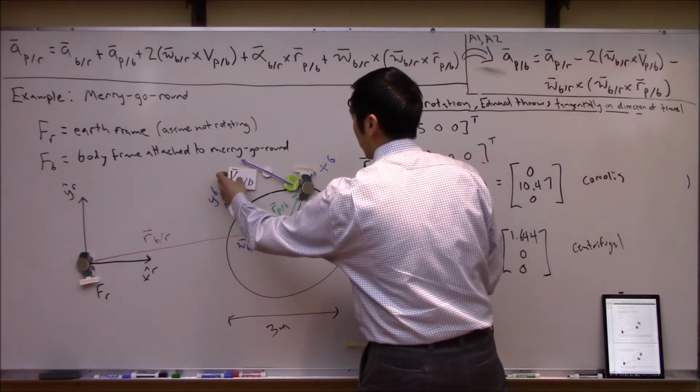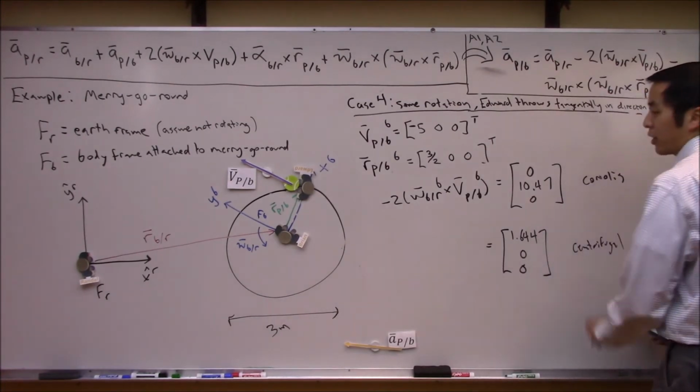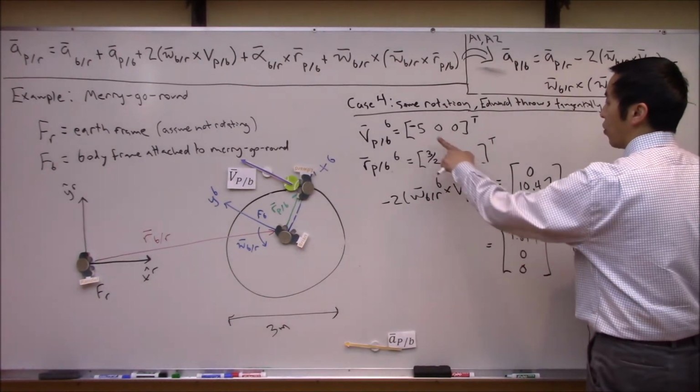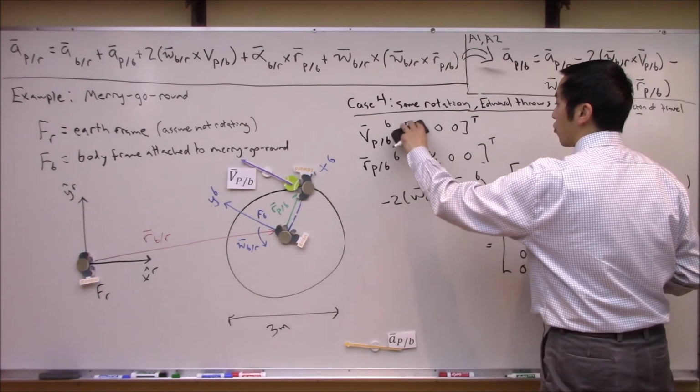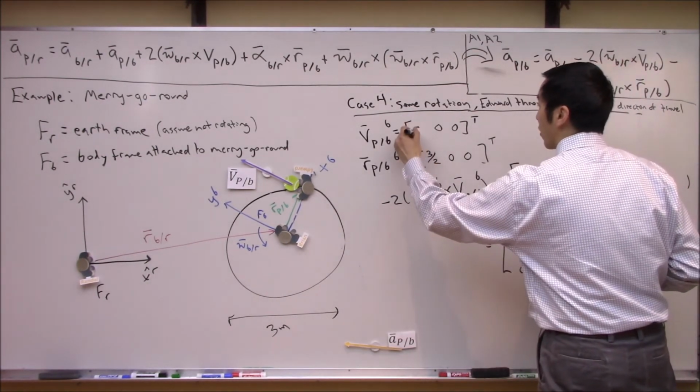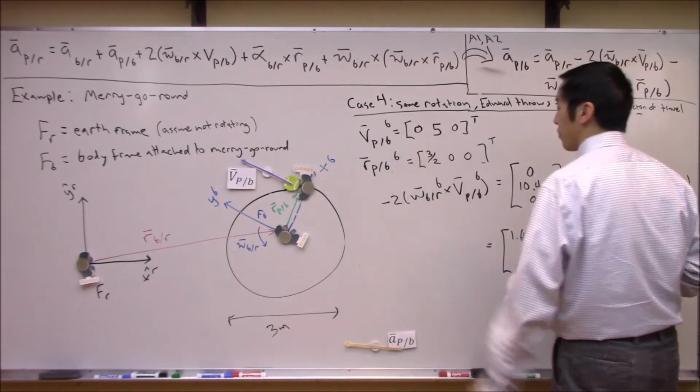That's the velocity of the ball. Centrifugal acceleration doesn't change here; the only thing that changes is the velocity of the ball. Now there's no component in x, it's all in y, so this is a positive 5.